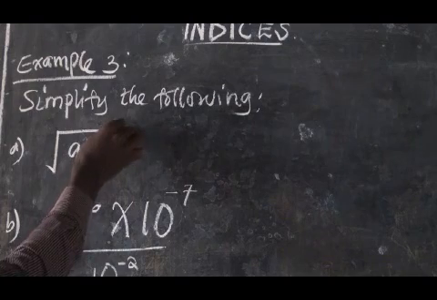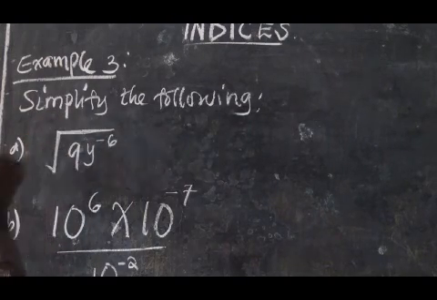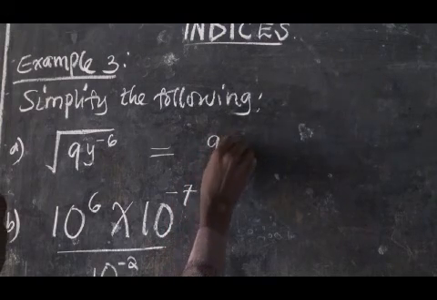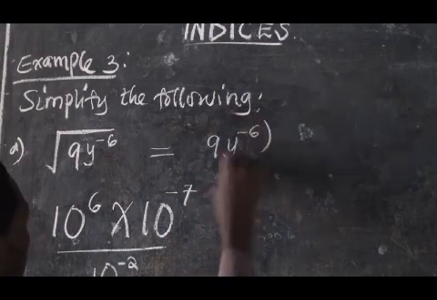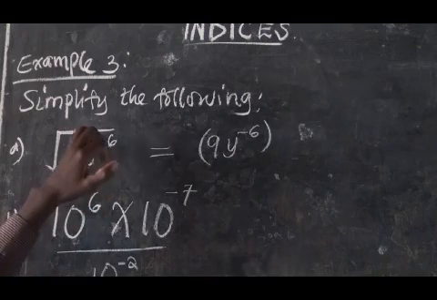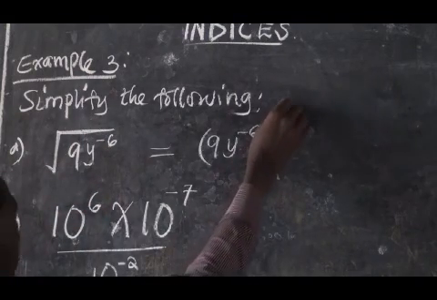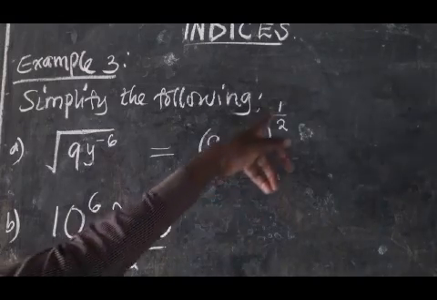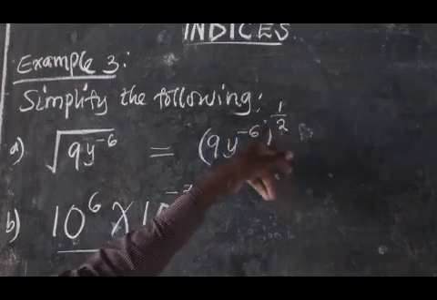So if the root is onto the whole thing, it means we are going to write the whole thing, which is 9y power negative 6. Then under a square root, I told you it is the same as 1 over 2. So it means this is a half powering this.